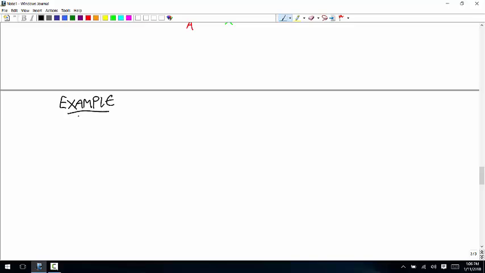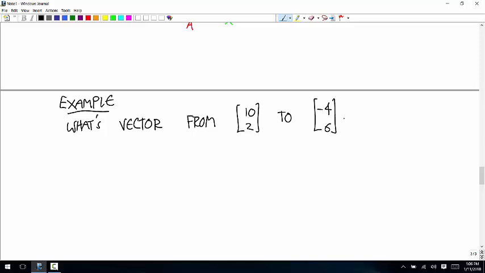So in the second example, let's say, what's a vector from the point 10, 2 to the point negative 4, 6. In that case, we already have the coordinates, so we'll use the first approach.